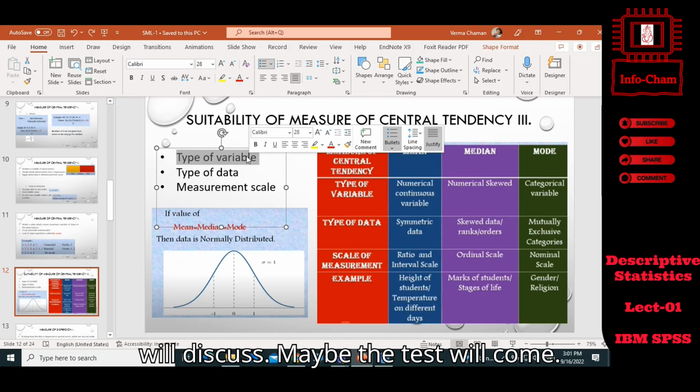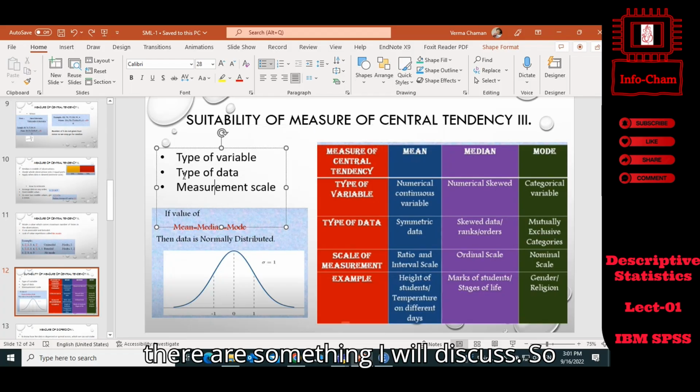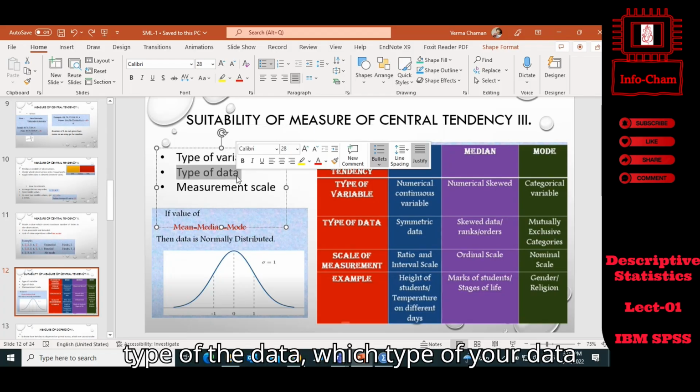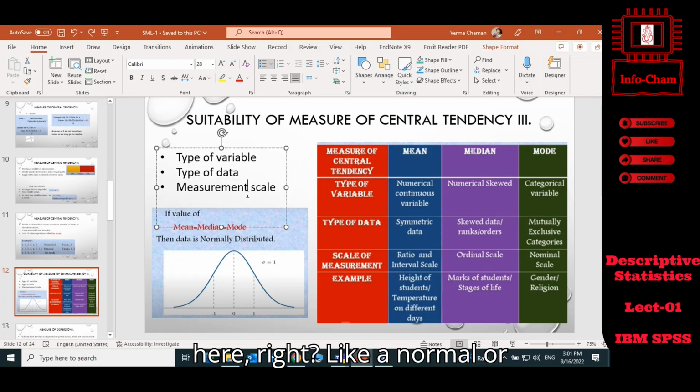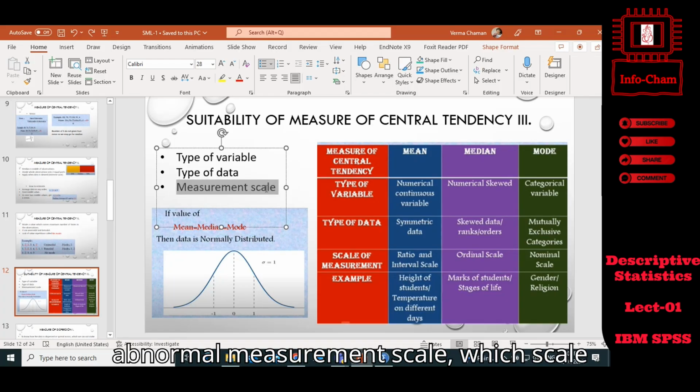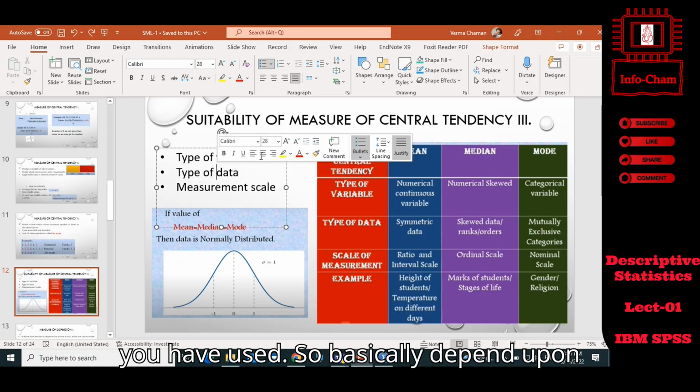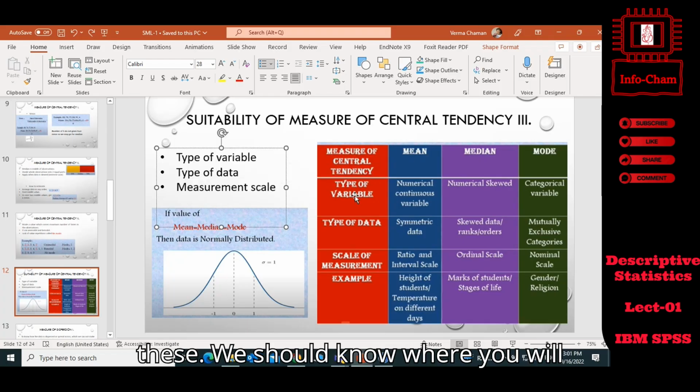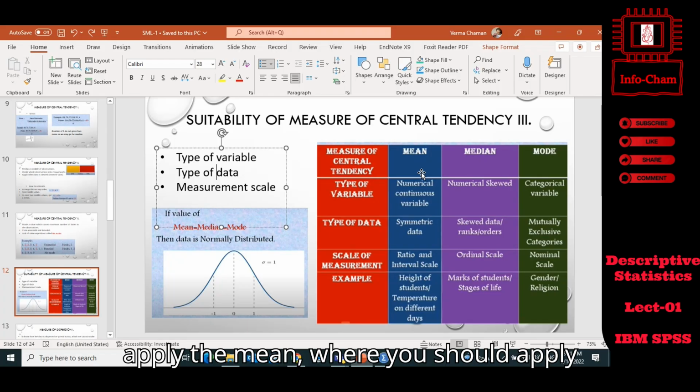I will discuss this when the test comes, like categorical variable, ordered variable. The type of your data, like normal or abnormal, and the measurement scale you have used. Depending on these, we should know where to apply the mean, where the median, and where the mode.